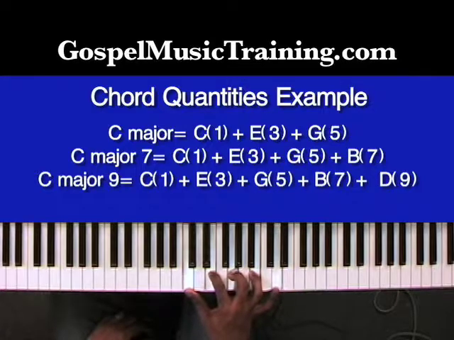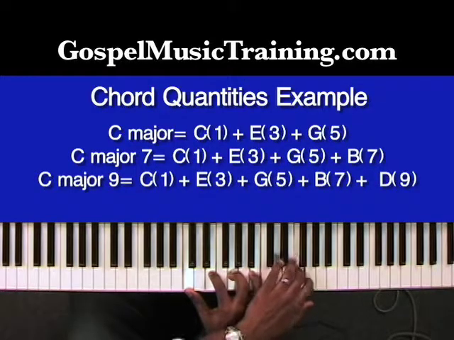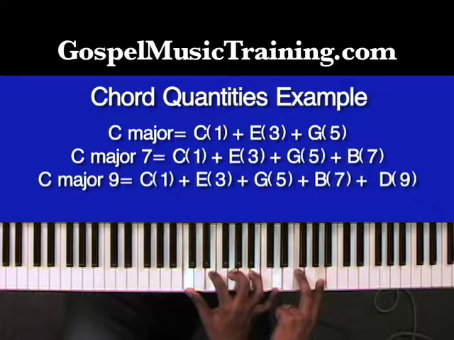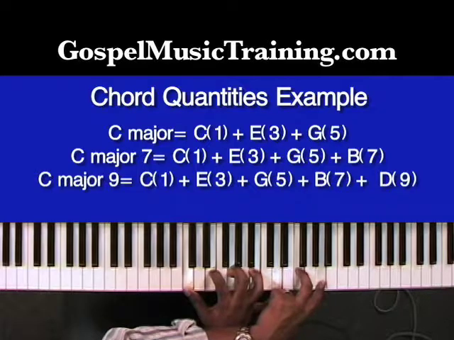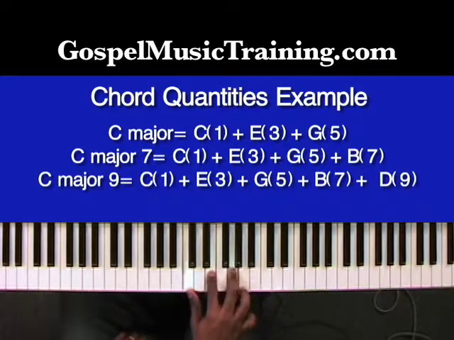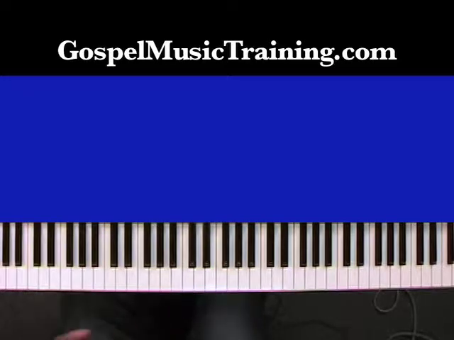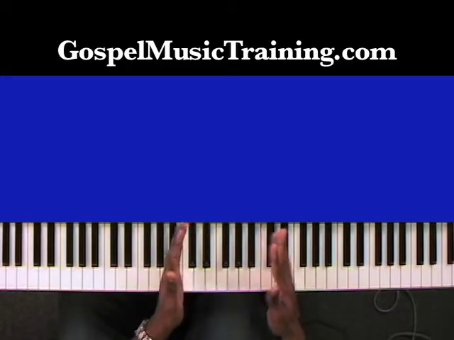Then you're going to add the 9 of the key, which he'll talk about, to get the 9. Then you're going to add the 11. You can even add the 13 to the point where you get to totally bigger chords. But you started at the basic triads. He's going to give you both ways, the numerical way and the intervallic way, but that's an introduction to extended chords and where the numbers come from.